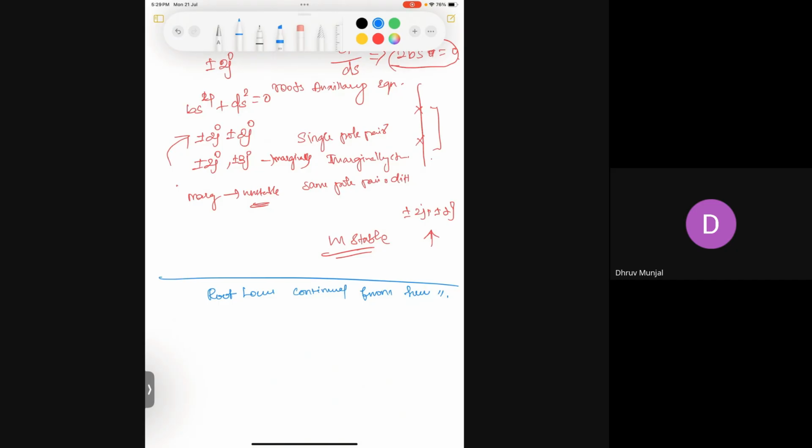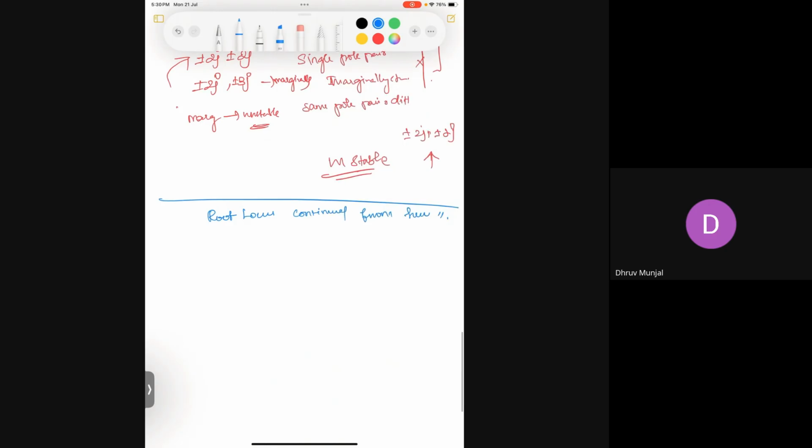Okay. Another thing is, I want to discuss the rules or the steps for building the root locus. I will discuss these rules first. It will be vague at first, and then we will revisit those rules or steps using an example. Then you will get a clearer idea about it.